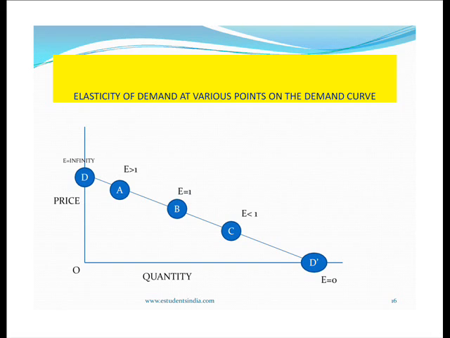At D, E is equal to infinity. At A, E is greater than 1. At B, E is equal to 1. At C, E is less than 1. And at D dash, E is equal to 0. The elasticity of demand is different at various points on the demand curve.